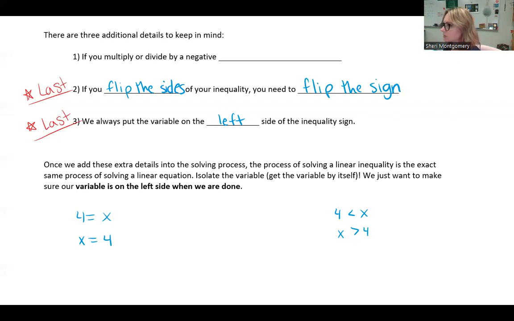It's been a minute since we solved inequalities, but does anybody remember what you do? When you multiply or divide by a negative, you have to flip the inequality sign as you do it.